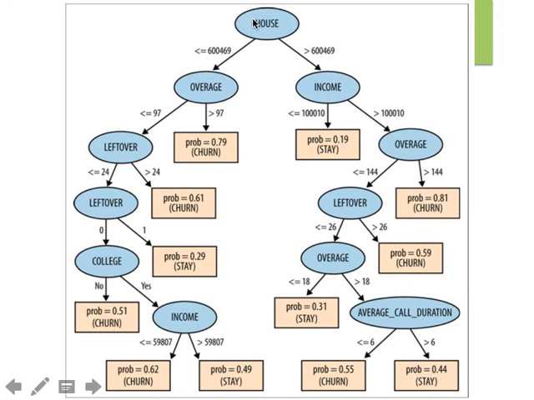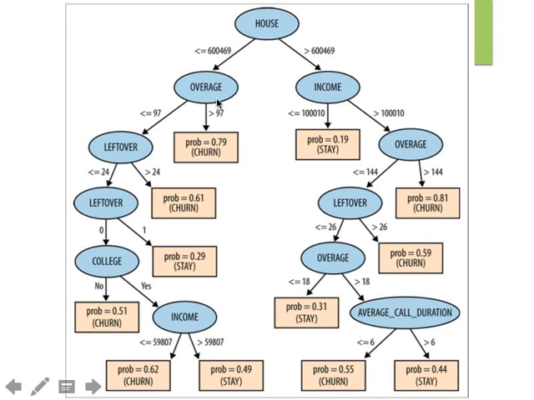So we had this house, we had the partition of the original set of the variables depending on the value that house has, and then operation income in the second level, and so on. So if a client has a value bigger than or equal to this number for the house and an overage bigger than 97, the probability of churn is 0.79.